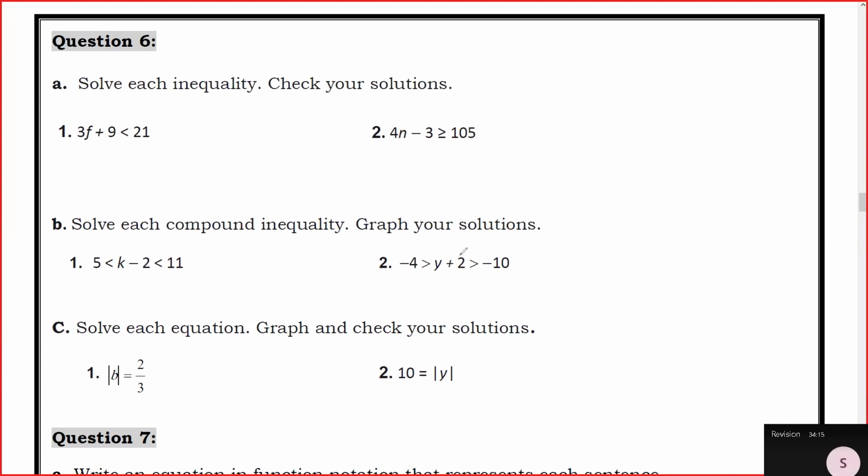3f plus 9 less than 21. So first, I will isolate 3f. So it will be 3f less than 21 minus 9, 12. Then I want to isolate f. Divide by 3, divide by 3. So f will be less than 4.